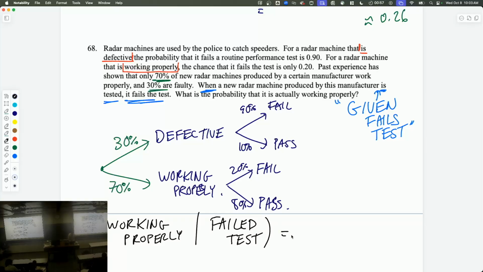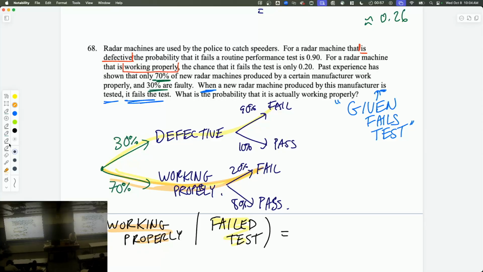So working properly given you failed the test. Well, failed the test, there are 2 ways. It can either go like this or like that. And then working properly, there's only one way, because it's got to be this branch. It's working properly and it failed.